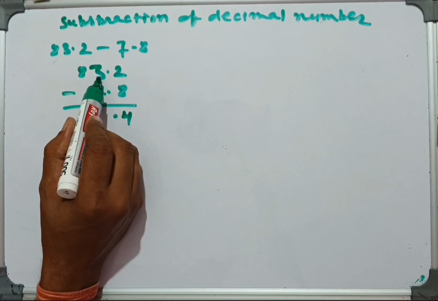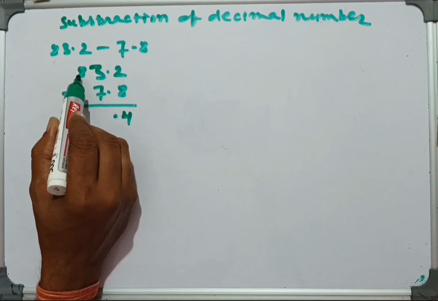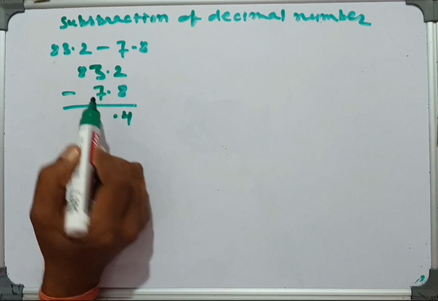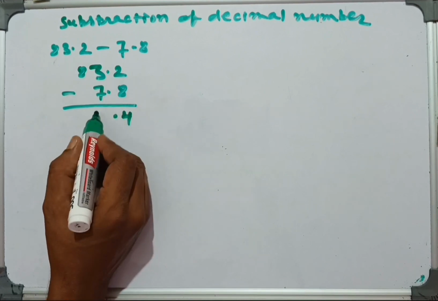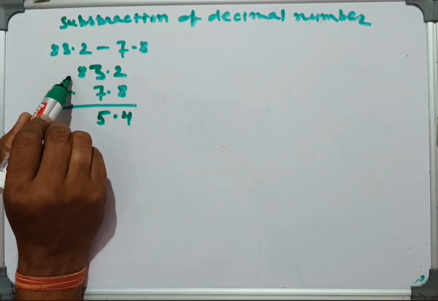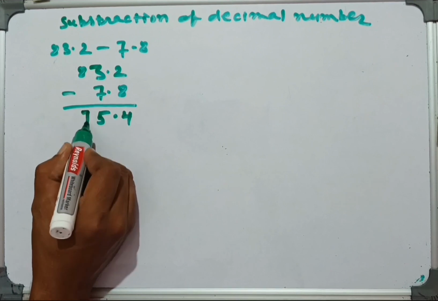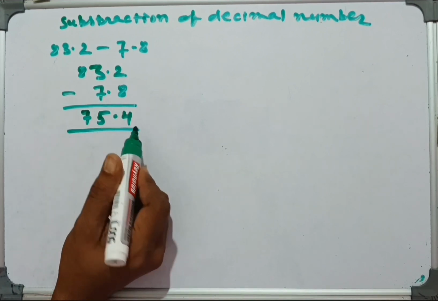Now this becomes 2. 2 is also less than 7, so it will give 1 carry, then 2 becomes 12. 12 minus 7 equals 5, and already the 8 has given 1 carry to 3, so this becomes 7. So the solution is this one.